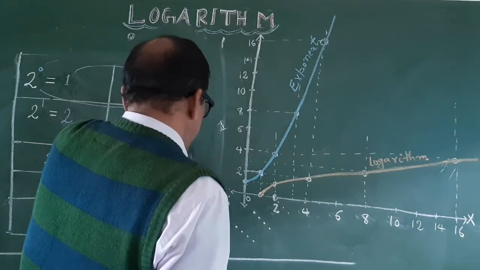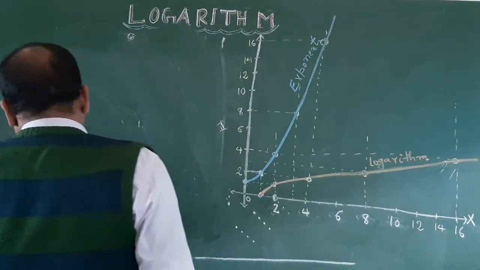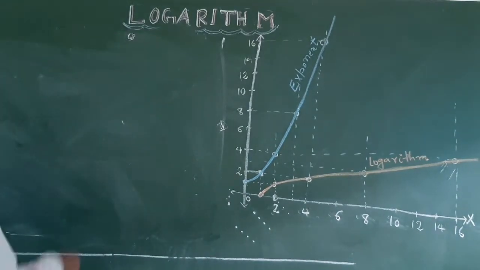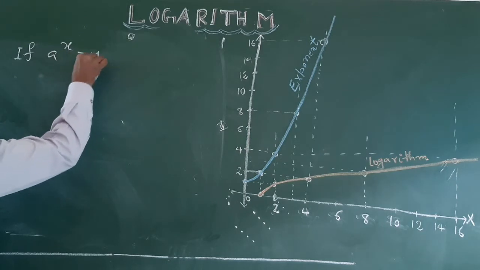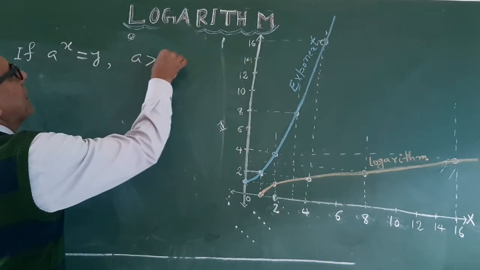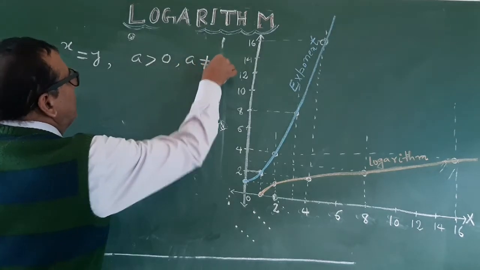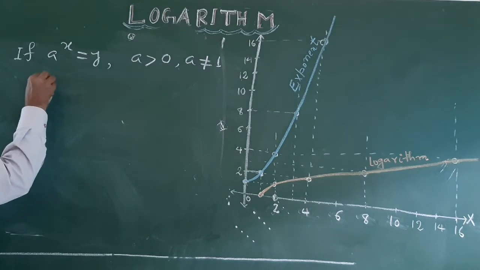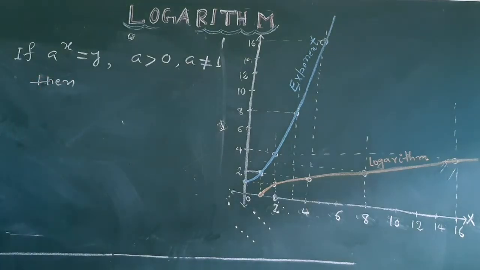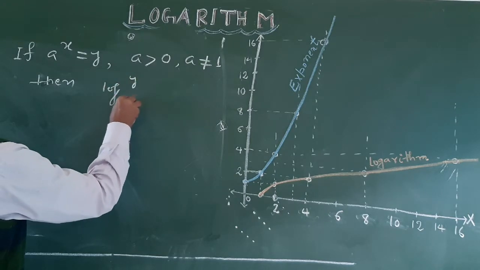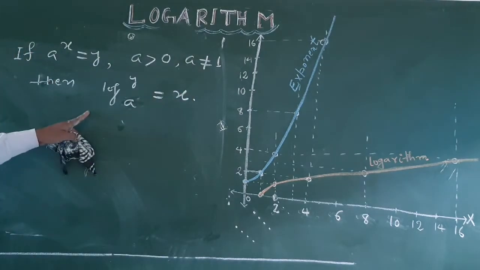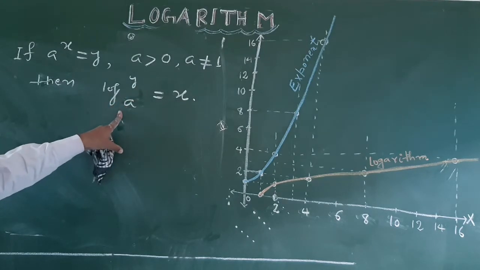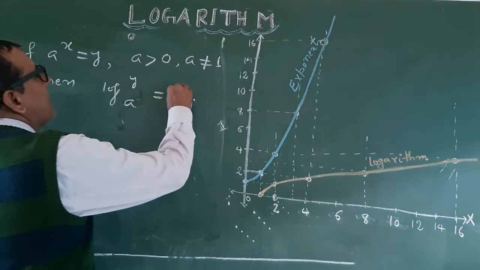As you observe here, if a to the power x equals y, a greater than 0, a not equal to 1, then log y base a equals x. We read it as the logarithm of y to the base a equals x.